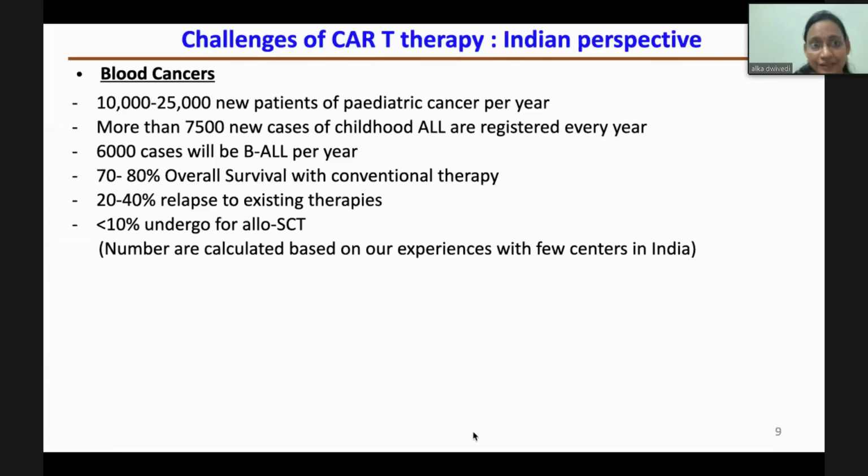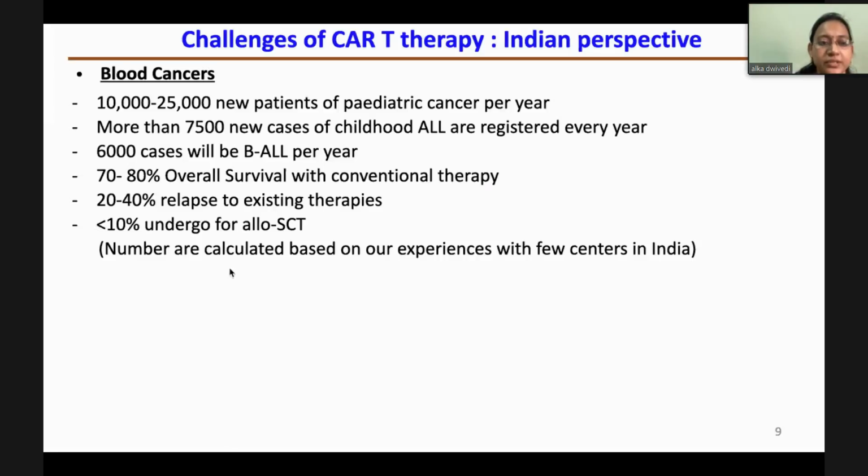Now we see the current challenges of CAR T cell therapy from the Indian perspective, like blood cancer. Around 10,000 to 25,000 new patients of pediatric cancer come every year, and more than 7,500 new cases of childhood cancer are registered every year, and 6,000 of those are B-ALL. With conventional therapy, around 70 to 80% complete remission is there, but the problem is relapse.